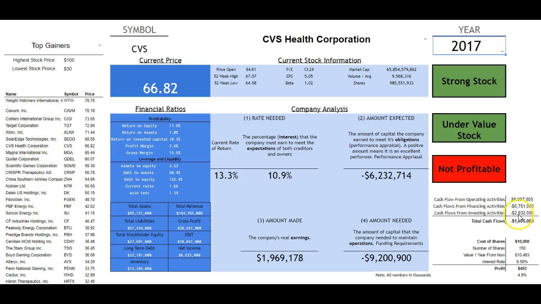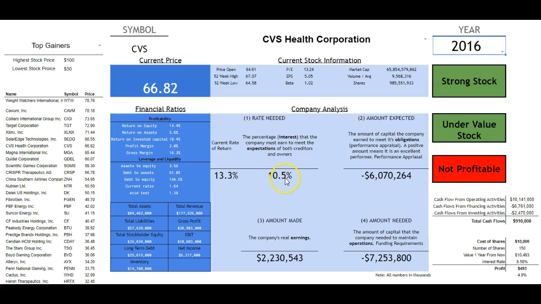So in 2017, they had negative cash flows. They spent most of their money on capital financing activities. They did have a large amount in operations, so that means that the company is well managed, and it basically runs its operations very efficiently. Let's go to 2016 again.